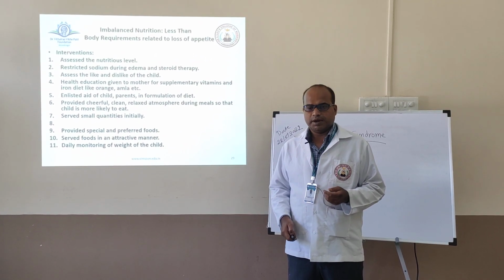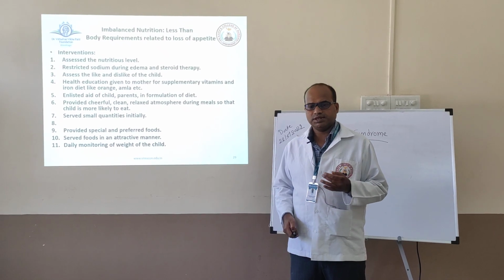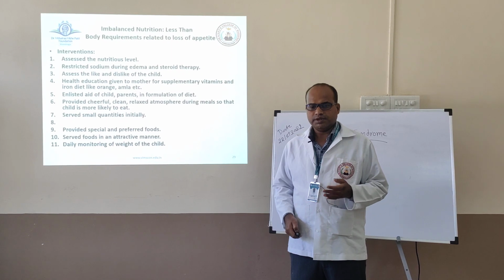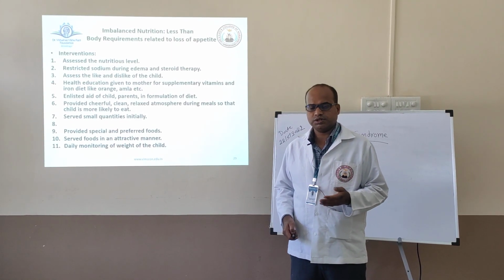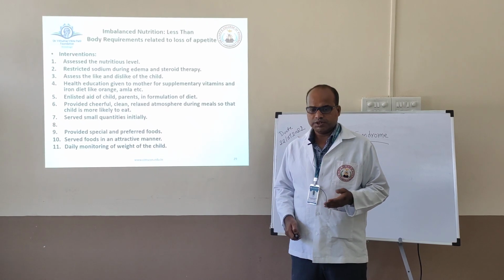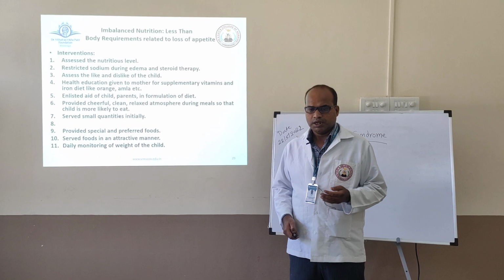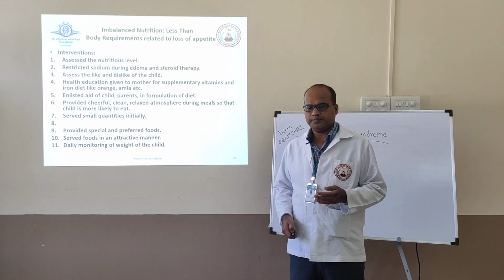Imbalanced nutrition less than body requirement related to loss of appetite due to ascites and GI disturbances due to vomiting and nausea. Then the interventions are to assess the nutritional pattern of the child. Restricted sodium during edema and steroid therapy is required. Then assess the likes and dislikes of the child.